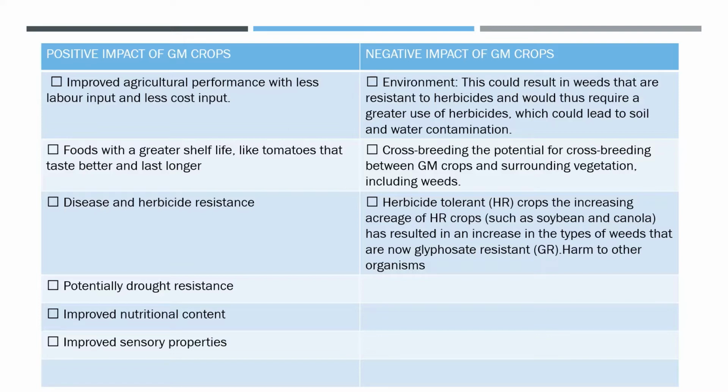Next is crossbreeding: the potential for crossbreeding between GM crops and surrounding vegetation, which sometimes includes weeds. Next is herbicide tolerant crops. The increasing acreage of HR crops, such as soybean and canola, has resulted in an increase in the types of weeds that are now glyphosate resistant, which is harmful to other organisms. So here are the positive and negative impacts of GM food.